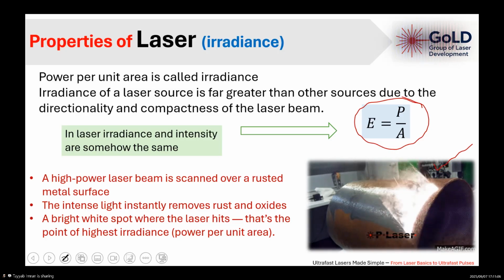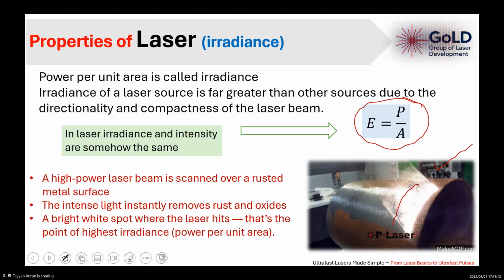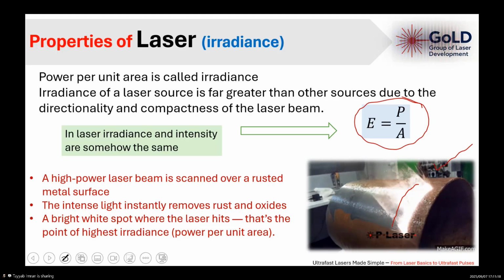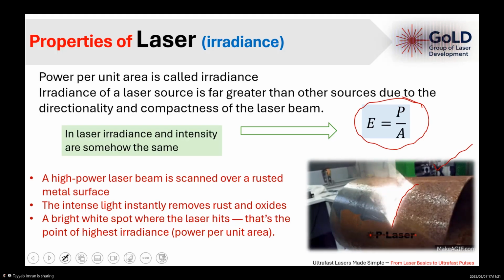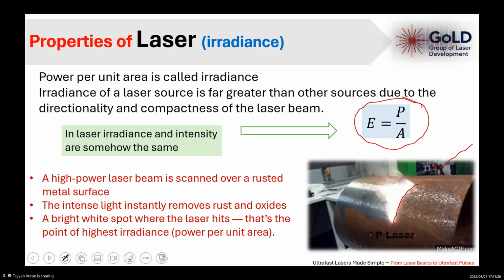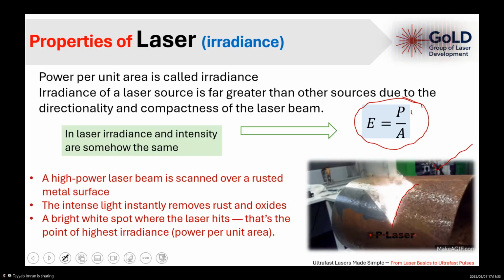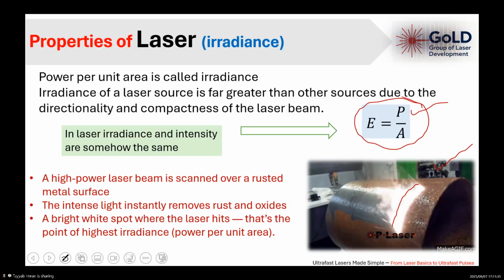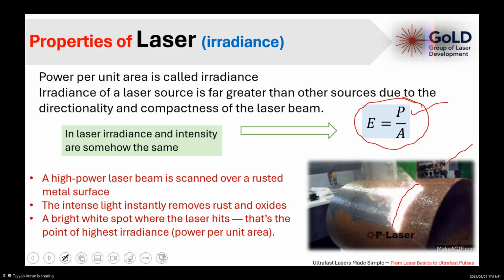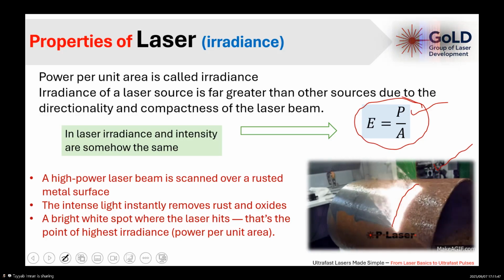You can see the shiny portion when the beam moves. How much irradiance do we need to perform this kind of action? How intense the light has to be? We use this formula to find out how much power we can have, and what is the area on which we are going to shine the laser to remove the rust.